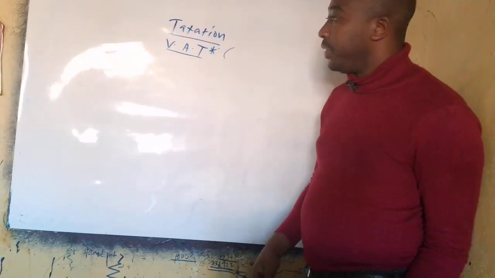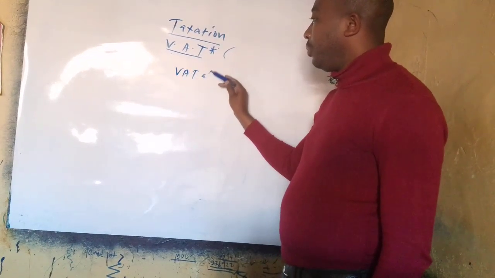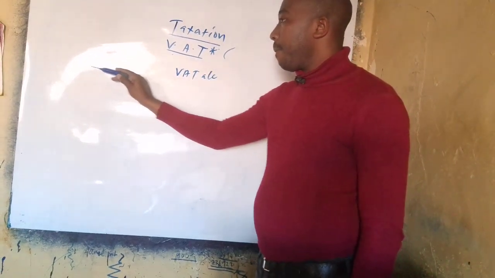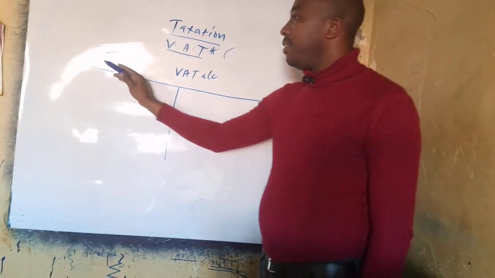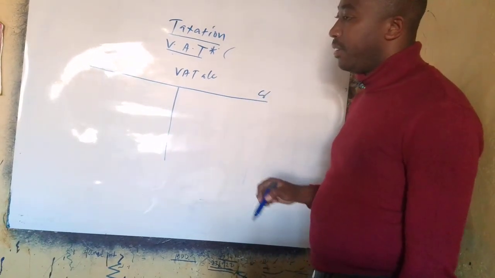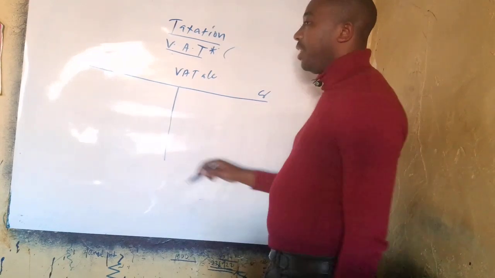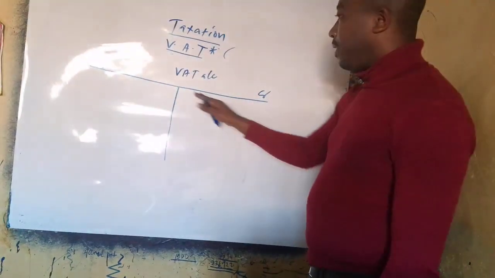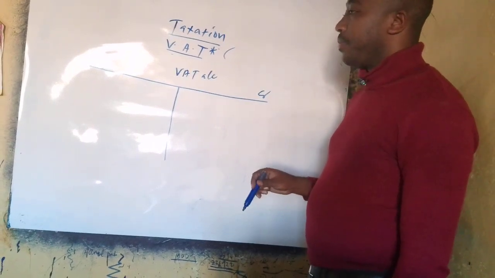When accounting for VAT, we are supposed to open a VAT account. VAT account like this. This is the debit side, this is the credit side. Remember, the left side of the account is debit, abbreviated as DR. The right side is credit, abbreviated as CR.